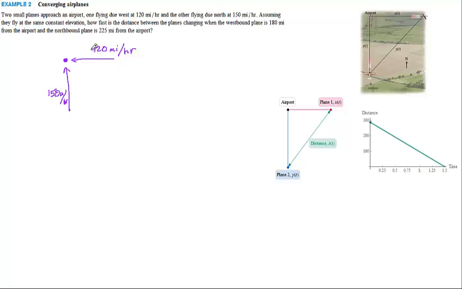I'm going to say that they're approaching this airport, so those distances are getting smaller. I'm going to call this X and I'm going to call this Y. So both the X and the Y are getting smaller at those rates.